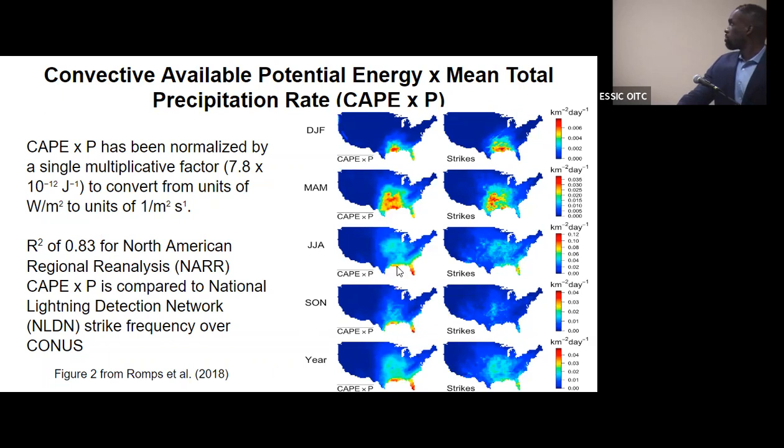So spatially, you can kind of see the visual similarities between the observation and this proxy, and the R squared in this study between the OBS and the reanalysis was 0.83.